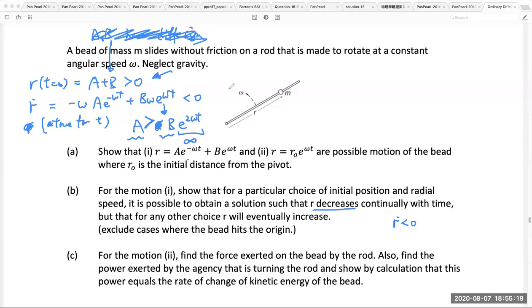This equation is always true. So A should be greater than 0 and greater than B. And of course, A plus B should still be greater than 0. Can we simplify this equation more?